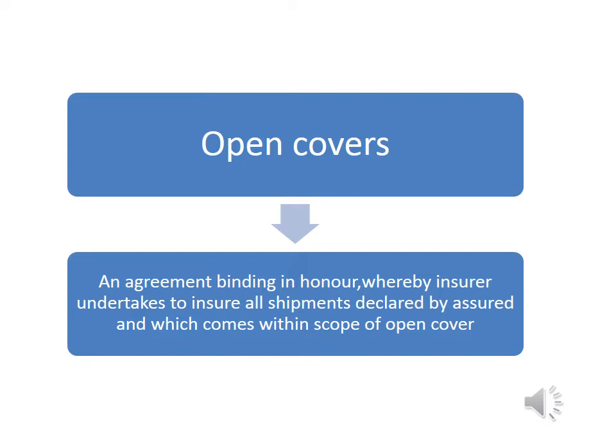So every time I need not discuss the premium. I may be telling in advance, I'll be getting an open cover, which is not a stamped document. But then I will have the terms and conditions of the open cover. The premium will be agreed upon. Once I declare, the certificate is issued based on the terms and conditions agreed.